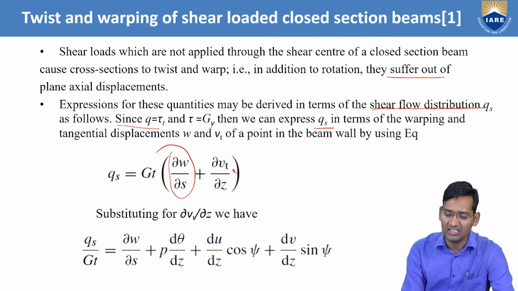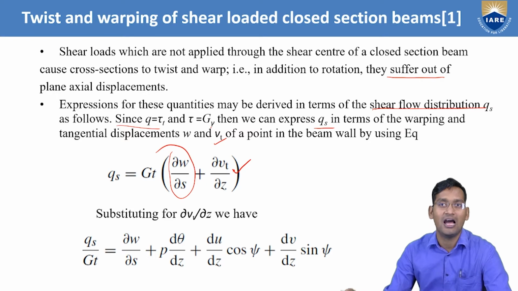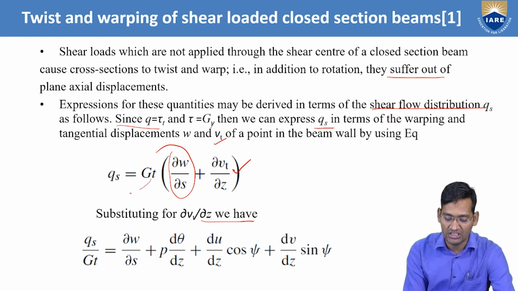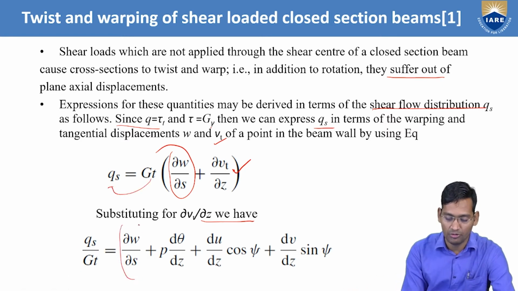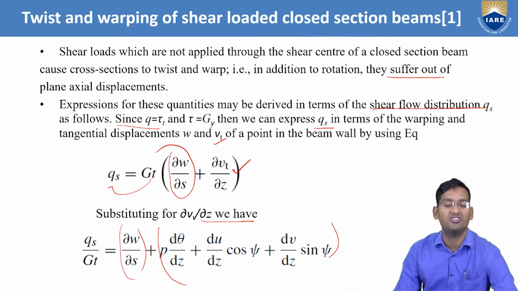Only one displacement is here, that is vt. Now substituting for del vt by del z, we have q by Gt, taking this to one side, for this one del w by del s, and for vt, we are putting it in. Finally, again we reach that shear stress distribution equation.